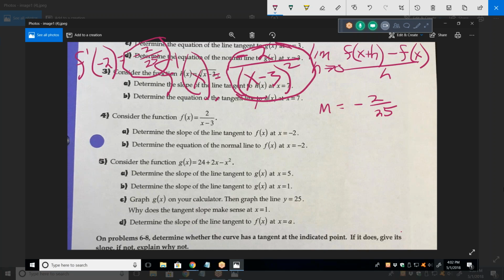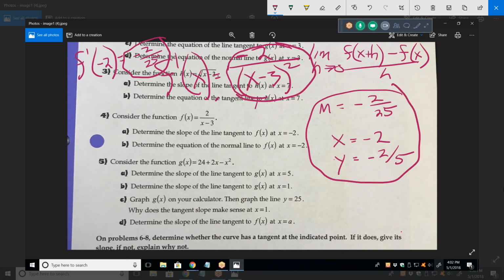So what's the point? X is minus 2. What's y when x is minus 2? Wait, no, negative 2 over negative 5, so minus 2/5. Okay, so there's my point. There's my slope. Using point slope, what do you get?